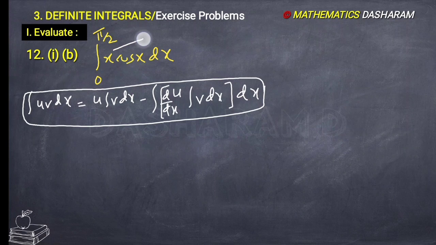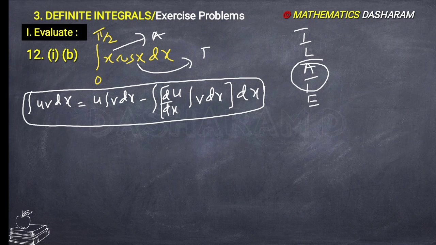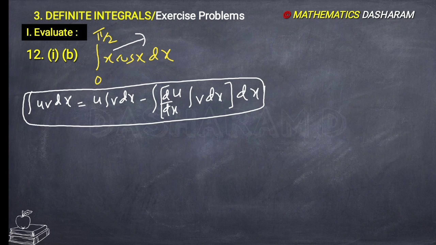Next here x is an algebraic function and cos x is a trigonometry function. So as per the ILATE rule, they are in the proper order, so we can continue the product formula of integration. Then it is equal to, this is u and this is v, so x into integration cos x dx.